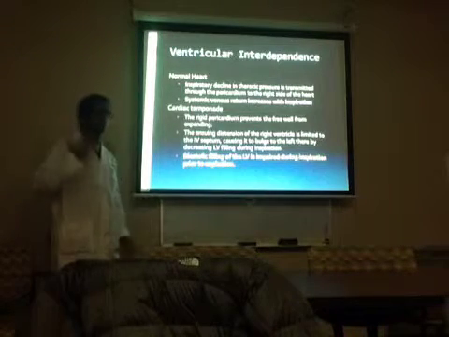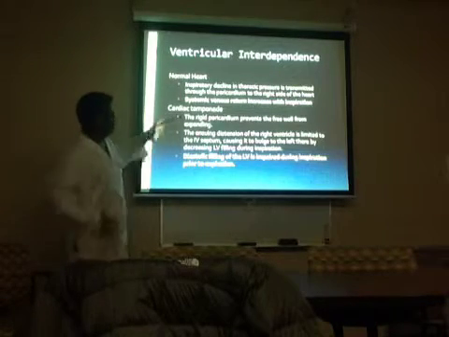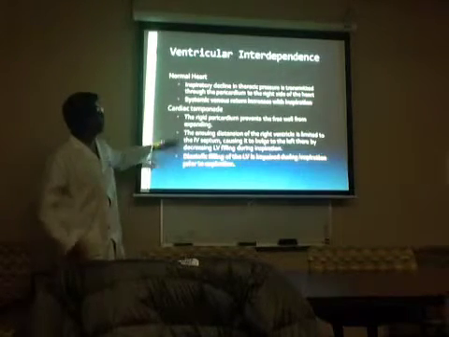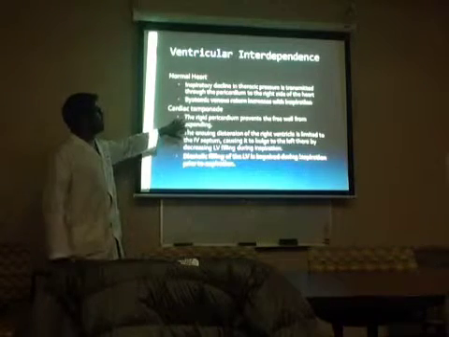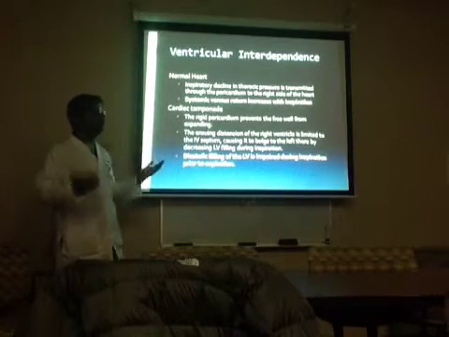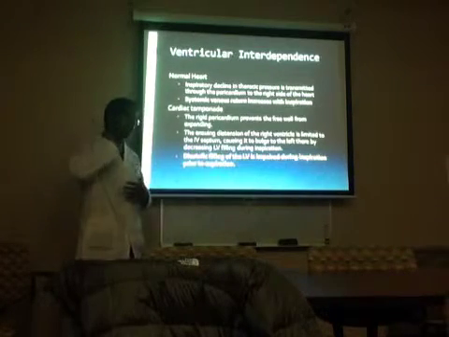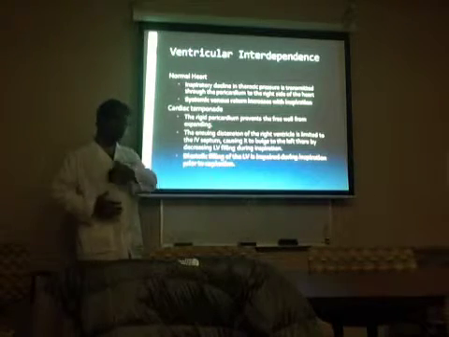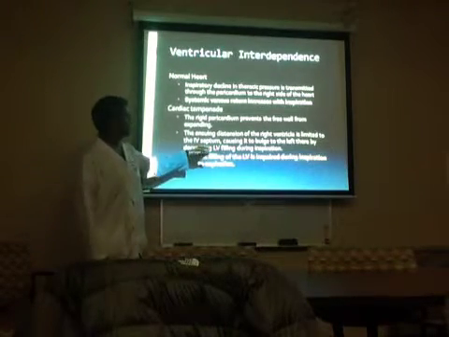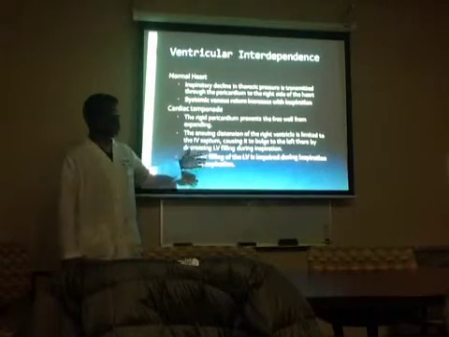In cardiac tamponade, the rigid pericardium prevents the wall from expanding anymore. The same phenomenon is happening, but the pericardium cannot accommodate more, and the distension of the right ventricle, because of the increased venous return, cannot go out into the pericardium, so it pushes onto the interventricular septum, causing it to bulge into the left ventricle, thereby decreasing the LV filling.